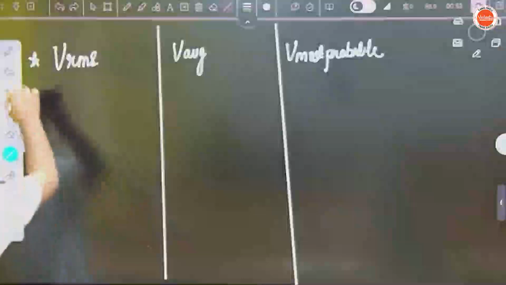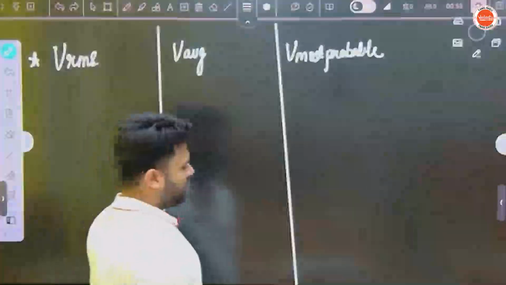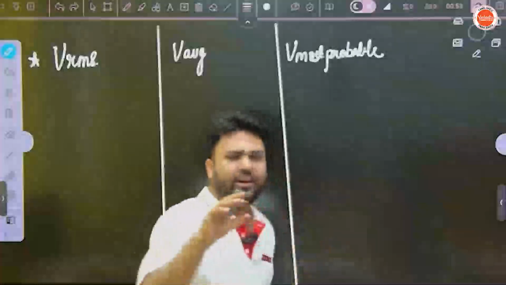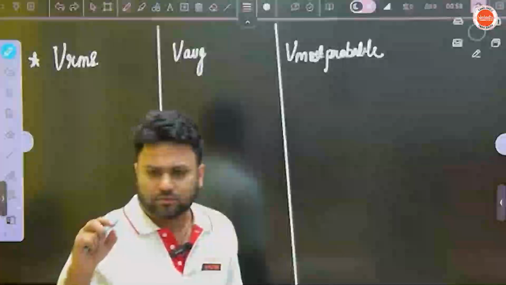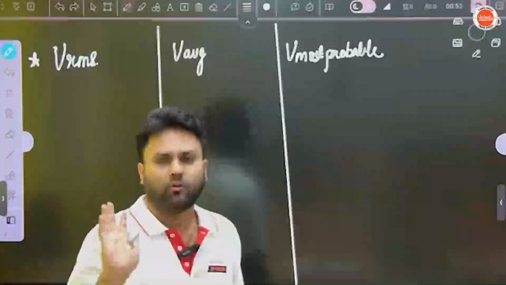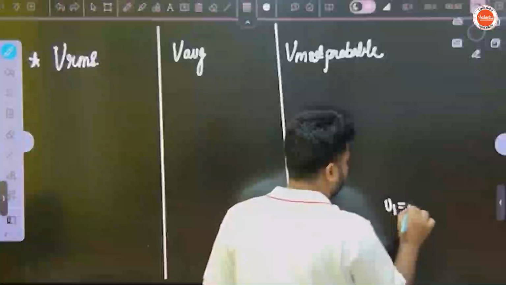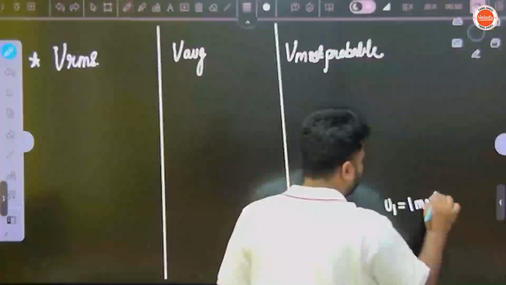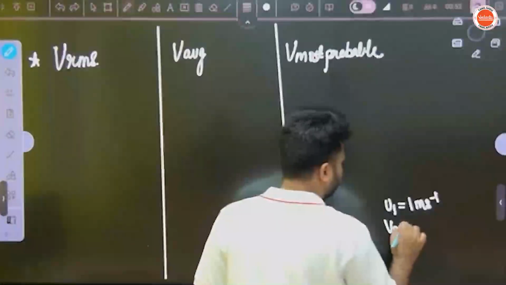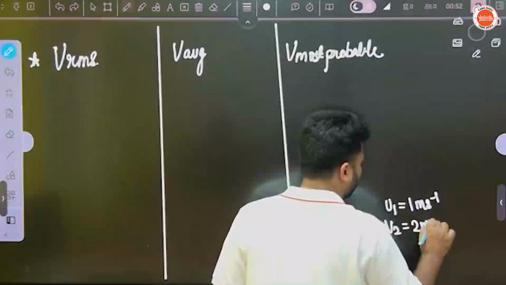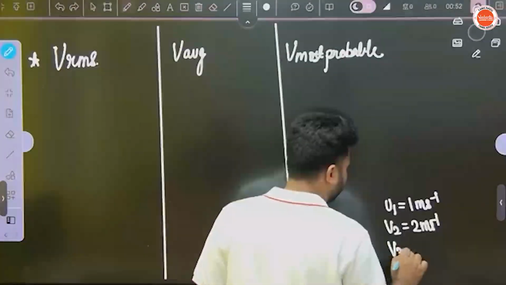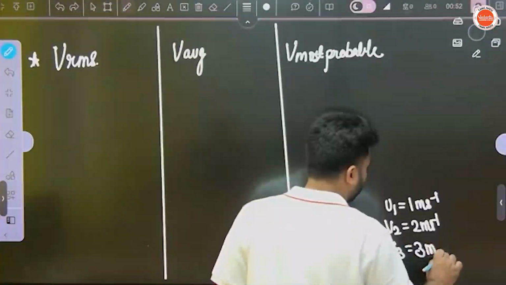For example, suppose there are 3 molecules. The speed of molecule 1 is 1 meter per second. The speed of molecule 2 is 2 meters per second. Speed of molecule 3 is 3 meters per second.